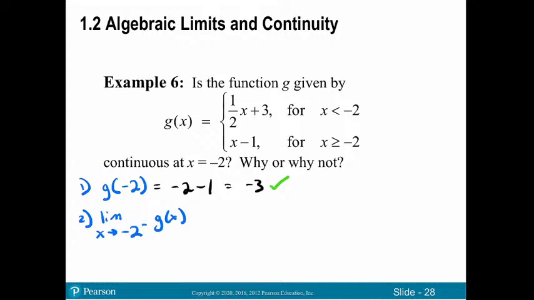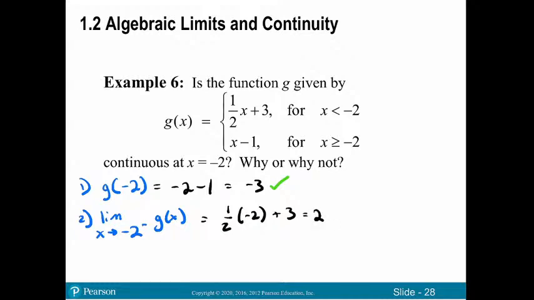So that's going to be 1/2 times -2, plus 3. So that's going to be what? 2. That result is 2, okay?